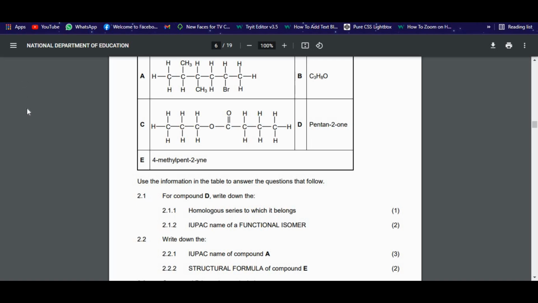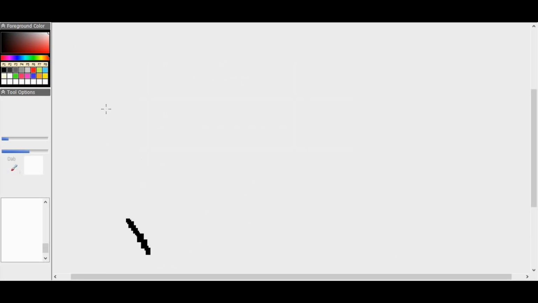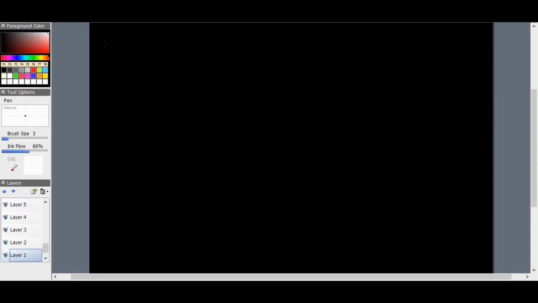They say for compound D, which we have here, pentan-2-one, write down 2.1.1, the homologous series to which it belongs. That's a fairly easy question. This is paper 2, November 2020.